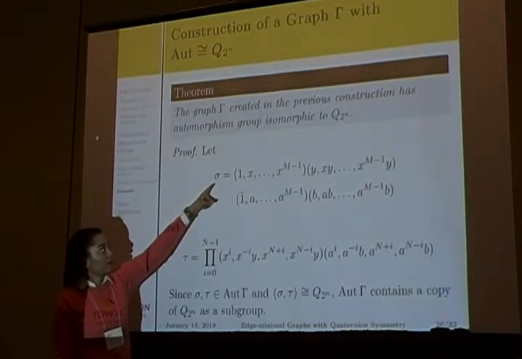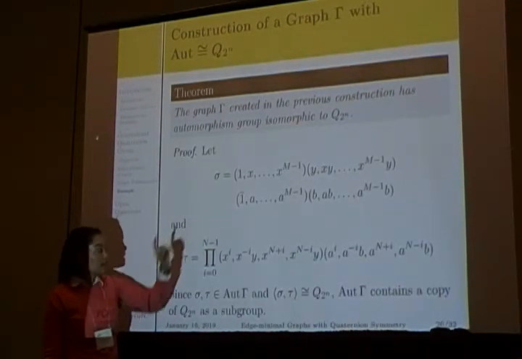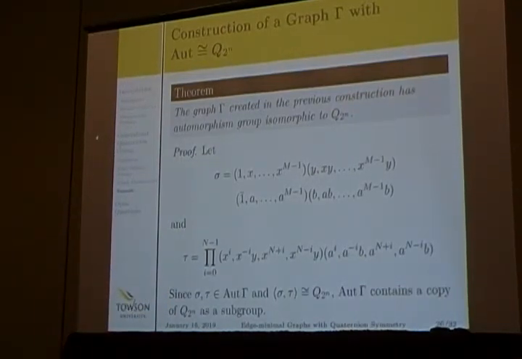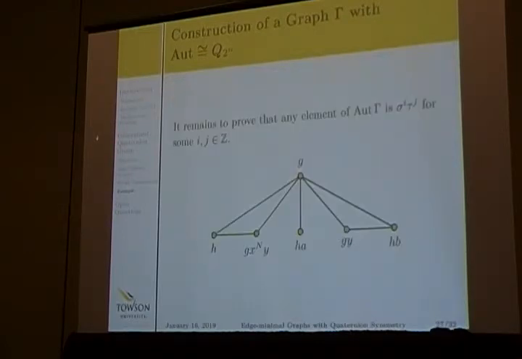I've written down these permutations, sigma and tau, that generate the quaternion group. So I know it's a subgroup. Well, how do I know that that subgroup is actually the entire group? Well, you can take a look at the orbit stabilizer theorem.